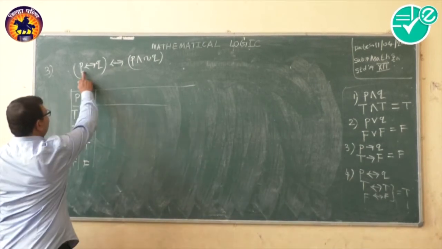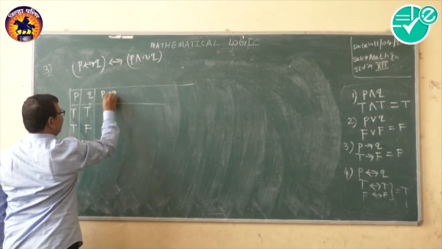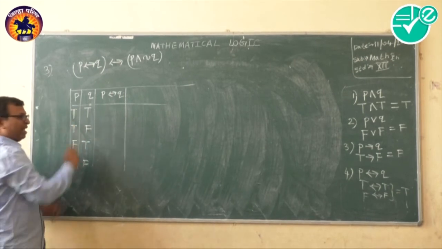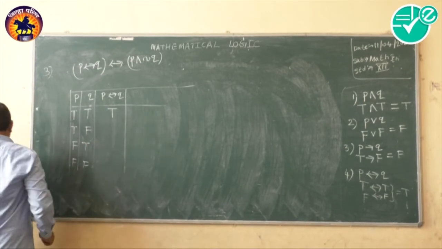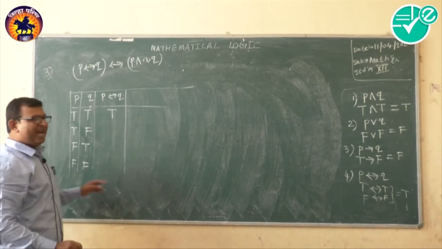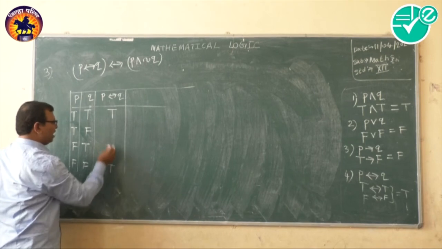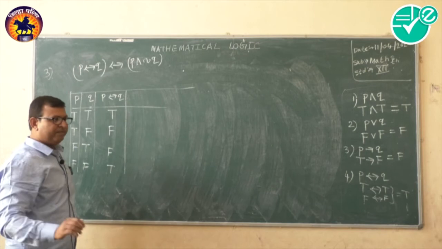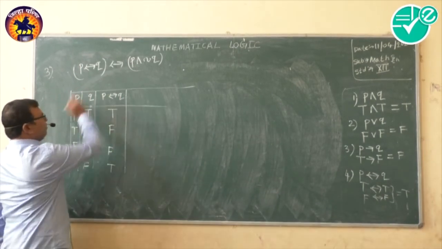Now see, true: P and Q both have the same truth values, so it is true. Again in this false, P and Q both have the same truth values, so it is true, and the other two cases are false. Now the first bracket we have solved.